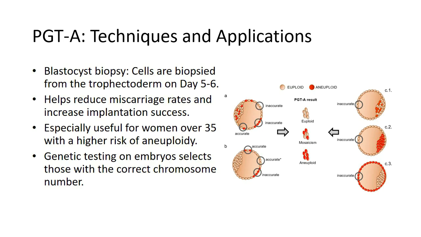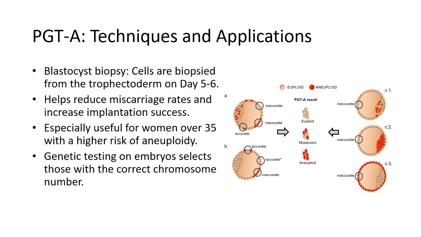C. Applications of PGT-A. Reducing miscarriage rates. By selecting embryos with the correct number of chromosomes, PGT-A helps reduce the risk of miscarriage, particularly in women over 35, where aneuploidy rates are higher. Increasing implantation success.